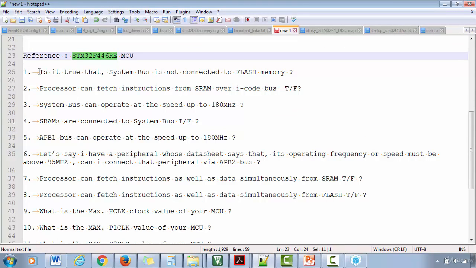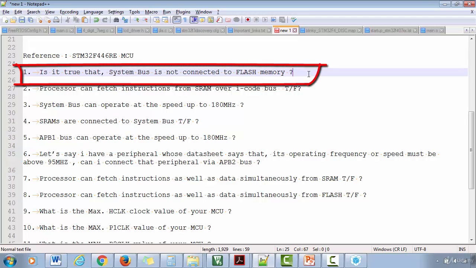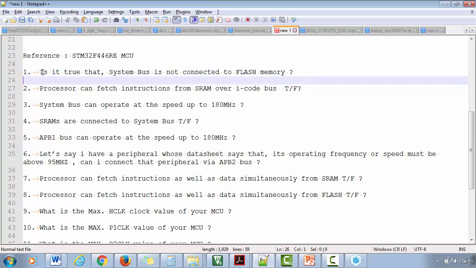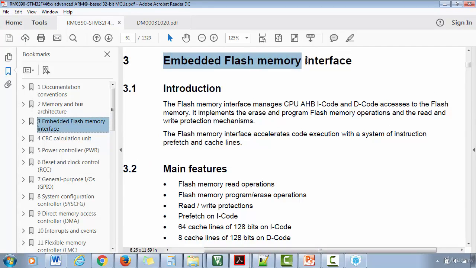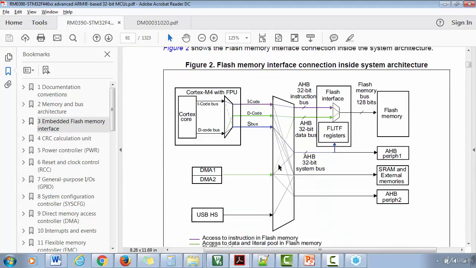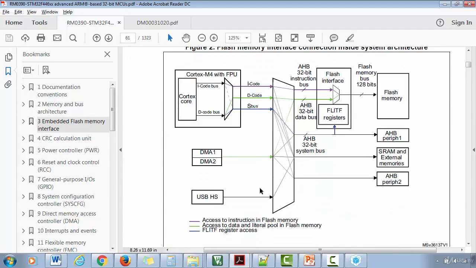First question: is it true that the system bus is not connected to flash memory? Take 5 seconds to think about this answer. The answer is true, isn't it? If you check the embedded flash memory interface section in the reference manual, you see this diagram.